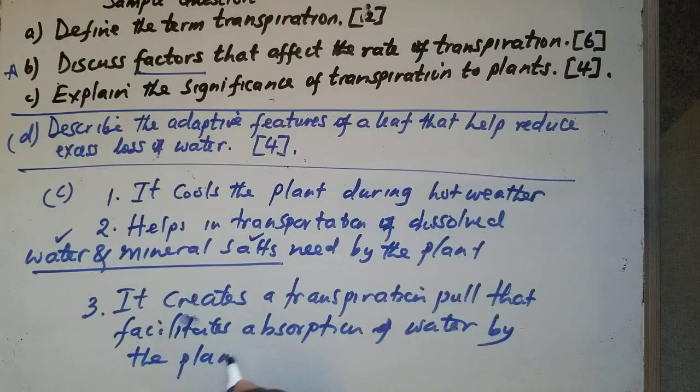So these are things that you could have actually talked about. So it creates a transpiration pull that facilitates absorption of water by the plant. Basically this is what you could have talked about.